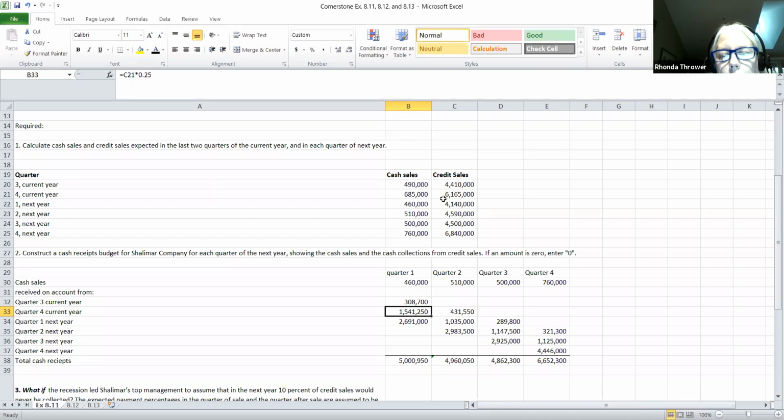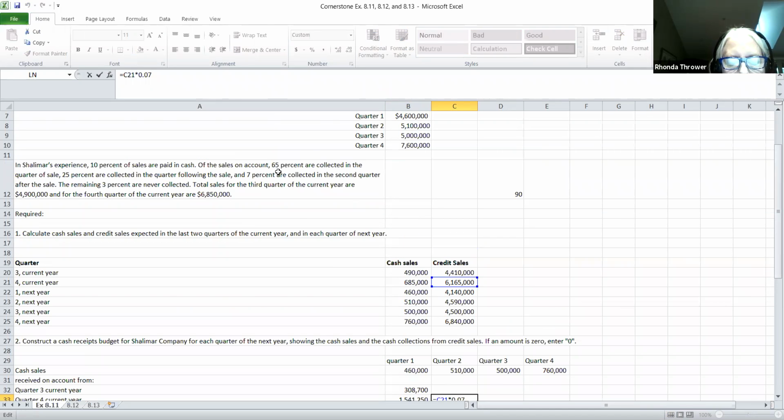In quarter two, we would collect 25%. And so in quarter two, we're collecting 7%. There's a pattern to this, class.